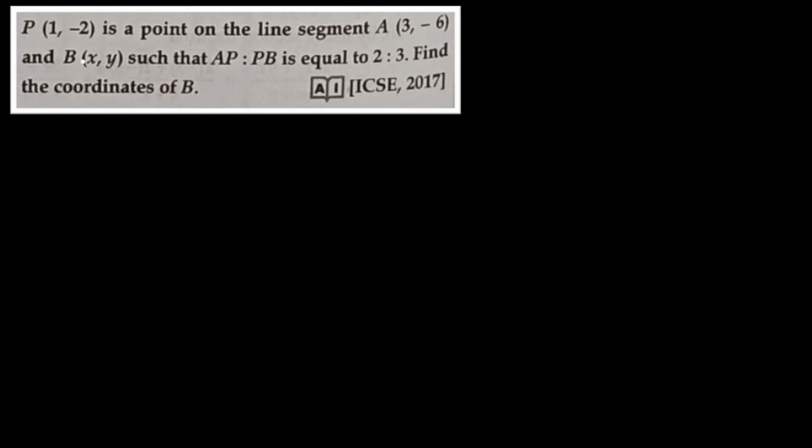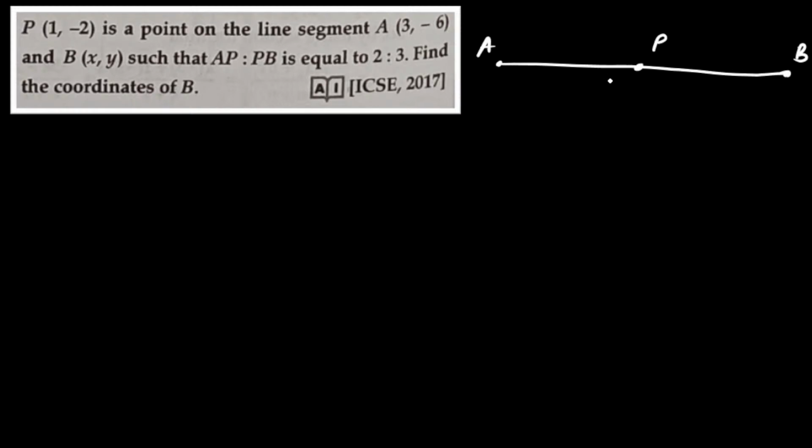P is a point on the line segment AB. So first of all, I'm drawing the line segment AB, and P is a point on the line segment AB. This is how I have drawn it.